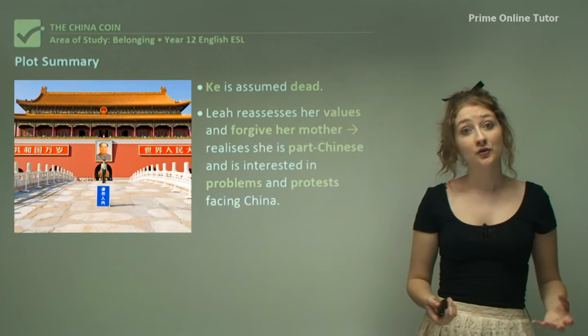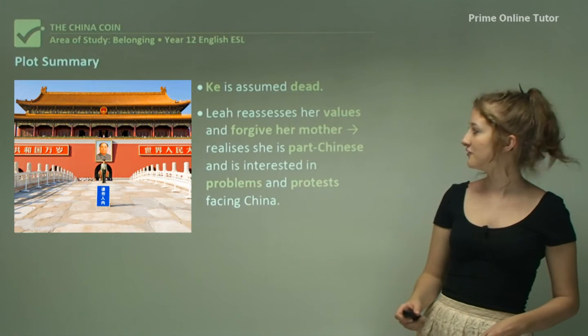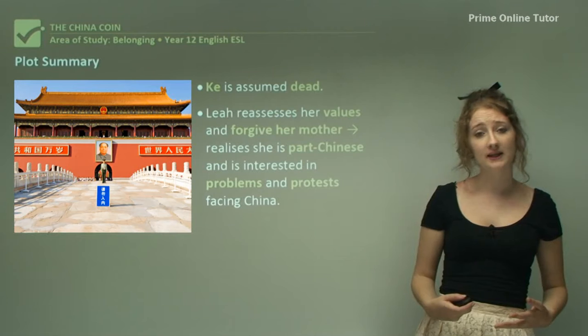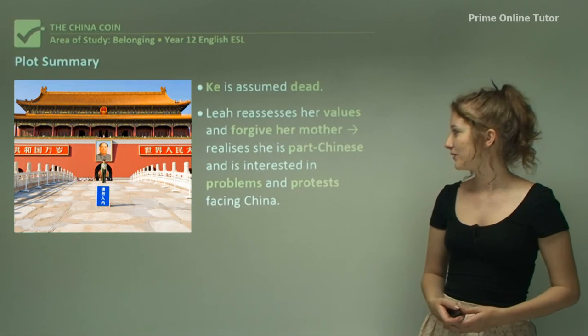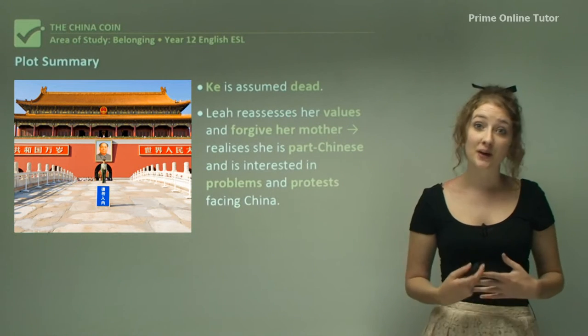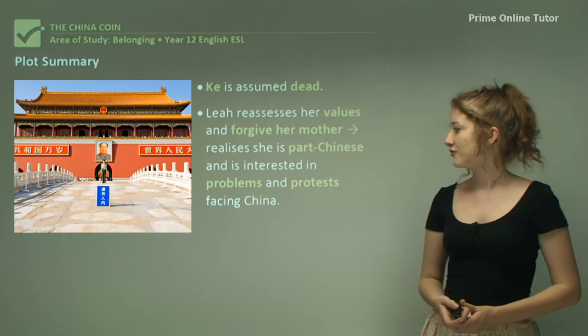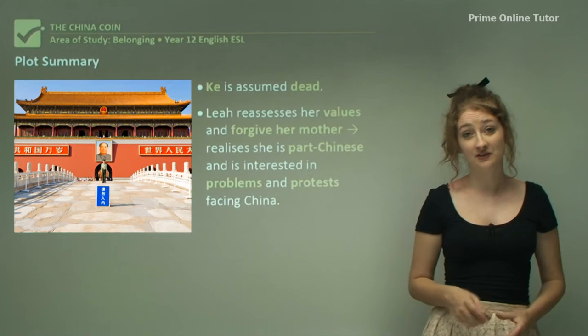At this point in the novel, you get Leah reassessing her values. So she's really growing up as a person, she's maturing, and she decides to forgive her mother. She realizes that she actually is part Chinese, she sees that identity in herself, and is also interested in the problems and the protests facing China.